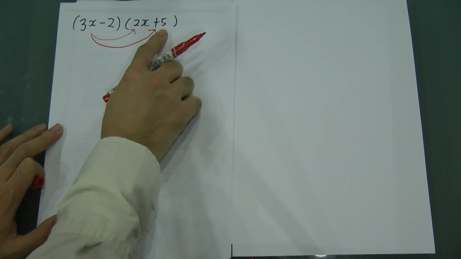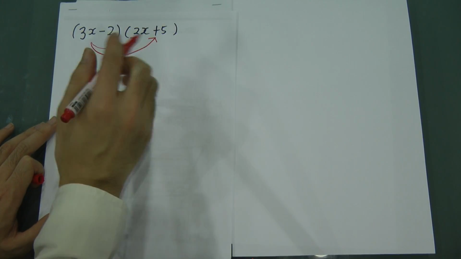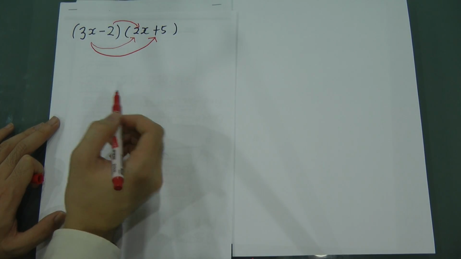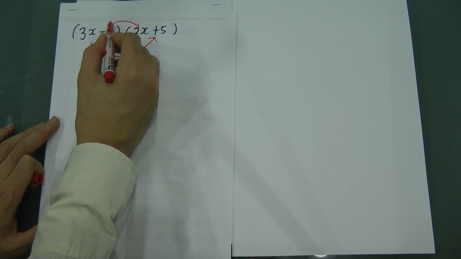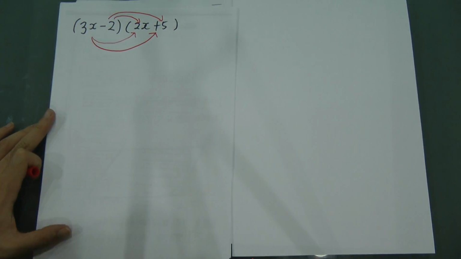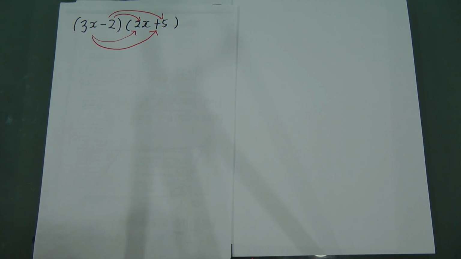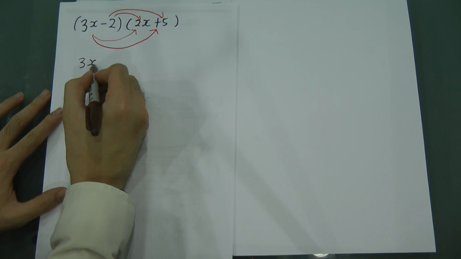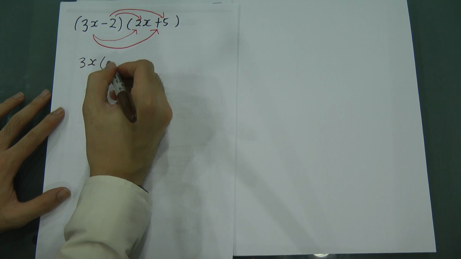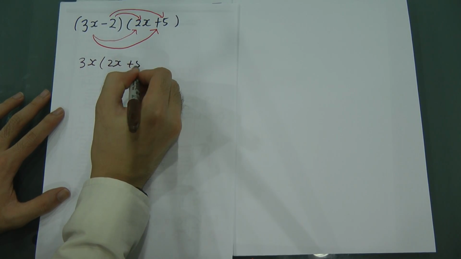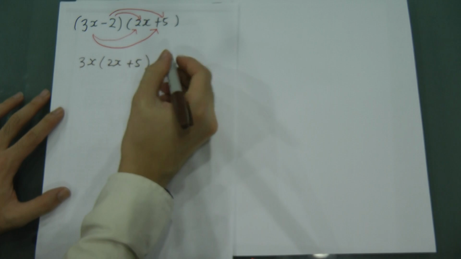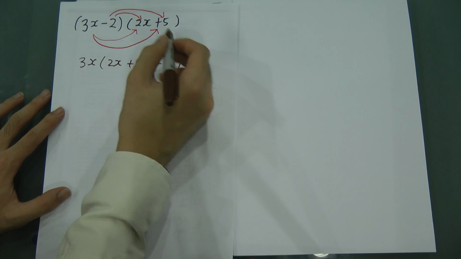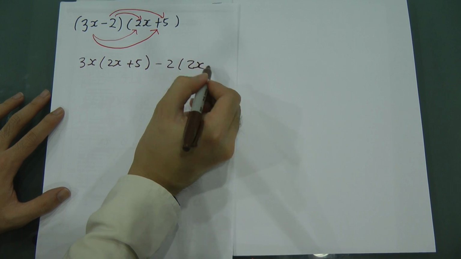After that, you have to multiply negative 2 with 2x. And then multiply negative 2 by 5. So you will get something like this: 3x has to multiply both of them, 2x plus 5. And then negative 2 has to multiply both of them, 2x plus 5.